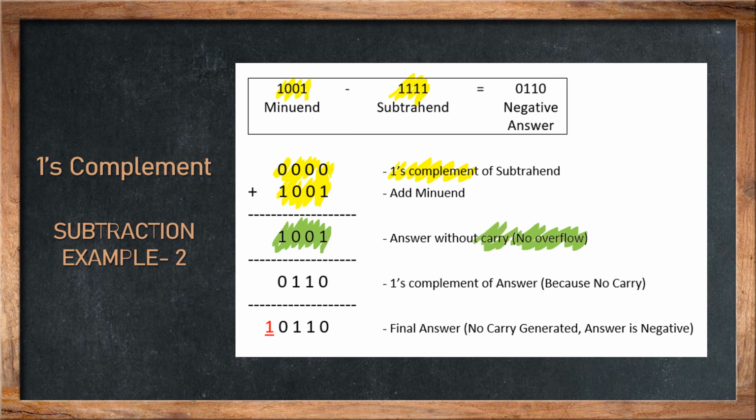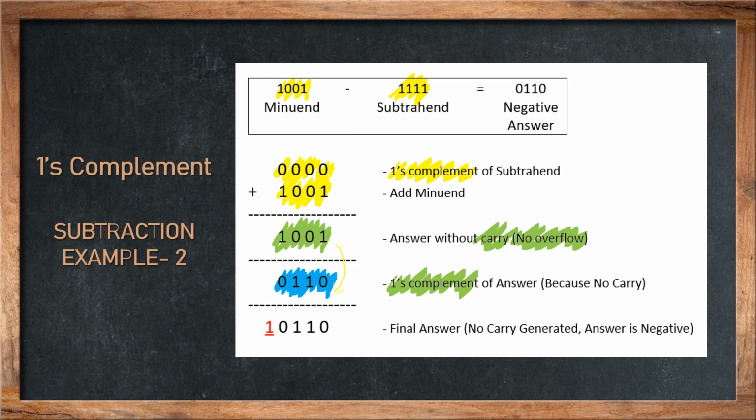And when you don't have a carry, we again find the ones complement of the answer. As you can see, the ones complement of 1001 is 0110. I get the inverse, or the ones complement, of this.